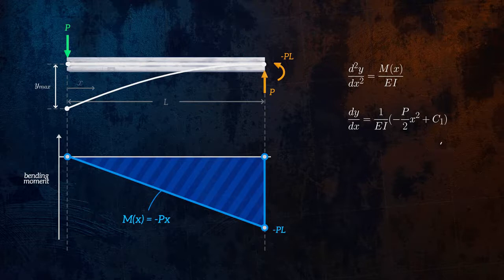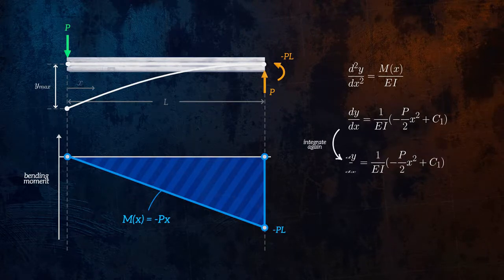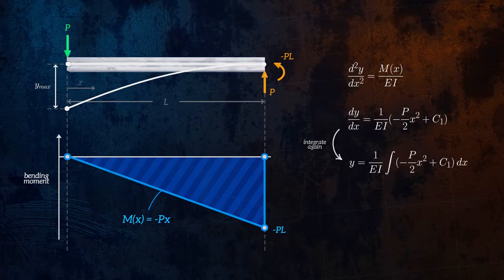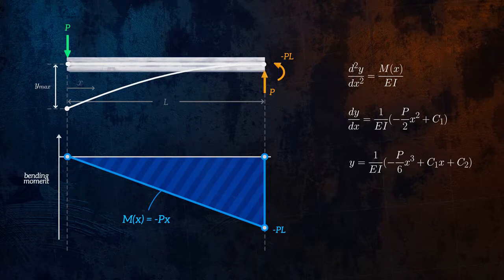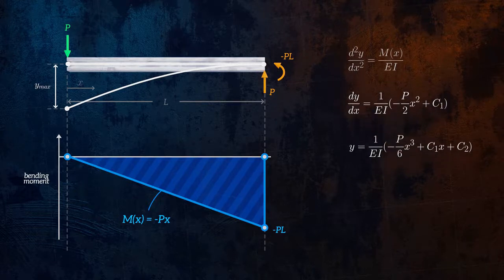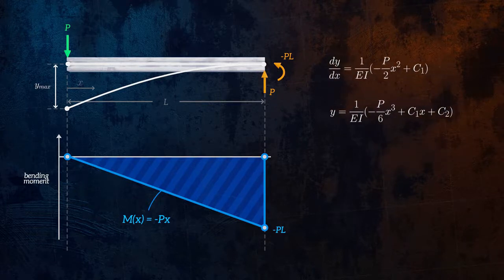Then we integrate a second time, remembering to add a second constant of integration. And so we now have an equation that defines the deflection y of the beam. The only problem is that we have two unknown constants. Fortunately, we can use what we know about the deflection and the slope of the beam at the support to calculate C1 and C2.